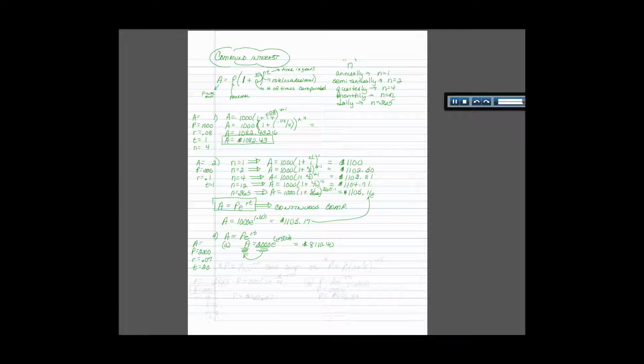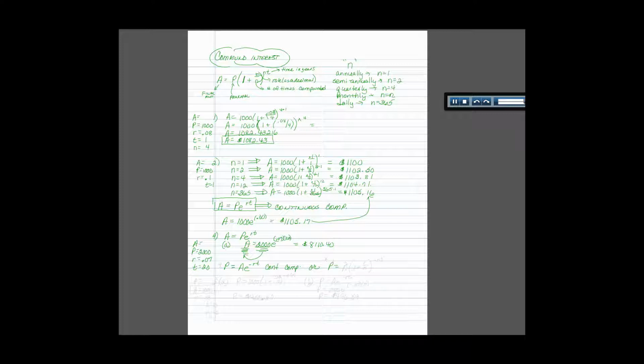So we won't be using this formula, we're going to be using the formula P equals Ae^(-rt). That is for continuous compounding, where we're solving for how much we have to invest, the principal, in order to receive a certain amount that we've determined, or for any of the other compounding, annual, semi-annual, quarterly, whatever.